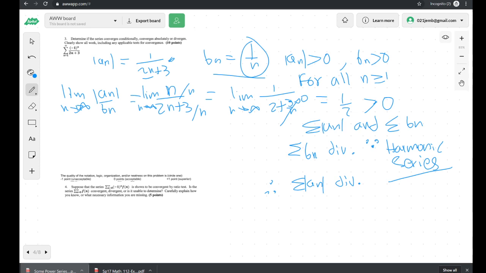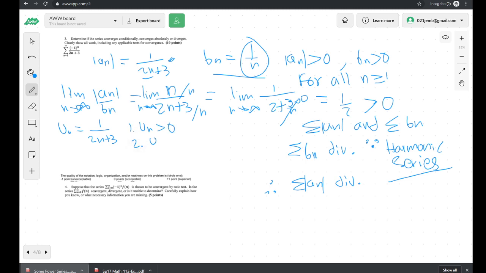diverges. So that means it does not converge absolutely, but it could certainly converge conditionally because it's an alternating series. And as we can see, if u sub n is equal to 1 over 2n plus 3, u sub n is always positive. So the first condition is that it's always positive.